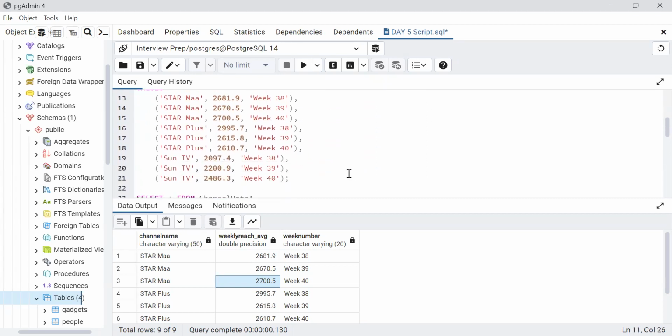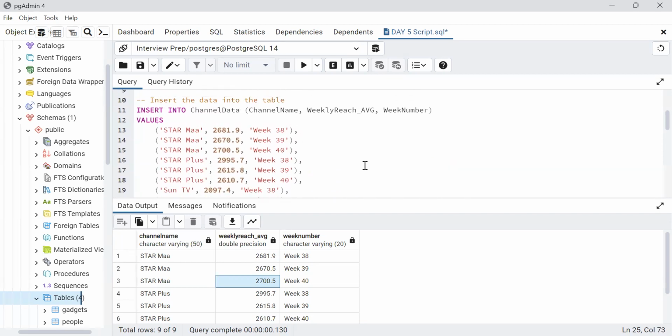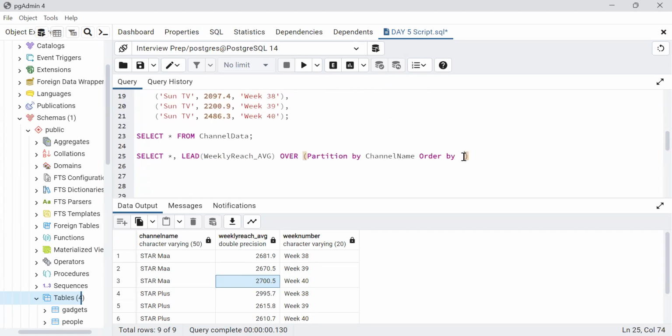Agreed. Only two people in the chats. What about others? Everyone understands we are ordering it by week number. Yes or no? Come on. Yeah, thank you.